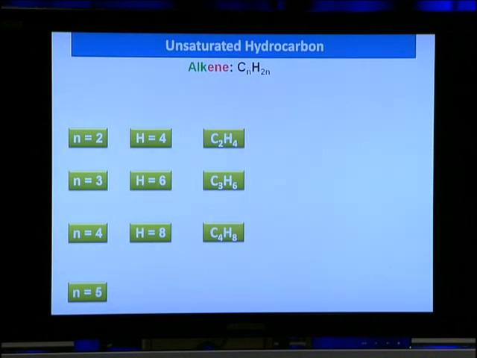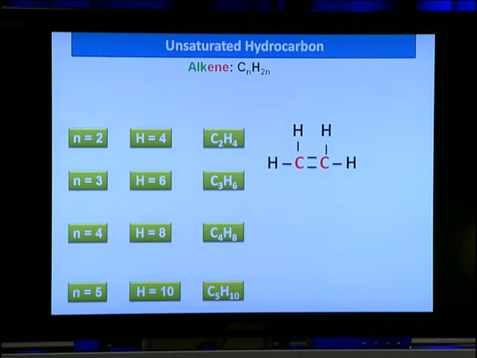So when n is equal to 5, can you guess now? What could be the value of H? The value of H is equal to 10, and then this is the formula of this compound.